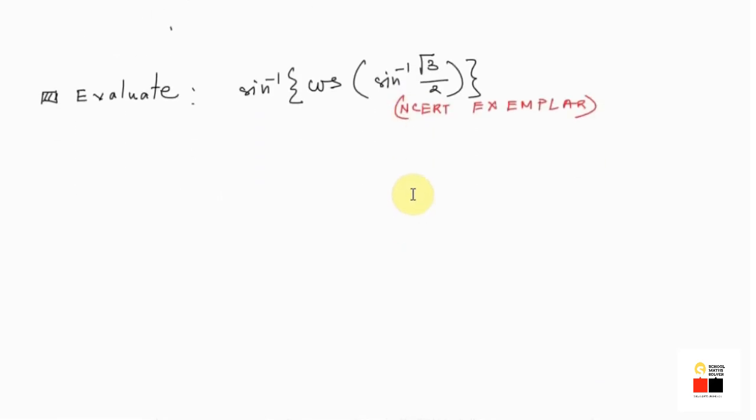Next problem. Sine inverse of root 3 by 2. Root 3 by 2 means sine pi by 3.